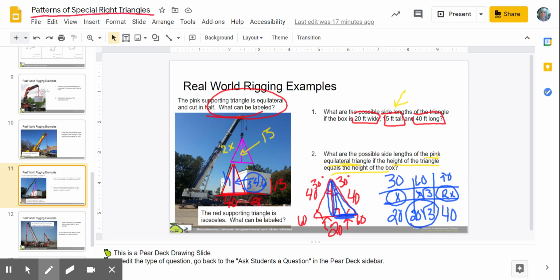So I still have my 30, 60, 90. I still have my x, my 2x, and my x on the square root of 3. There's some serious lag on my computer today. Where do I put the 15? Is that the x?